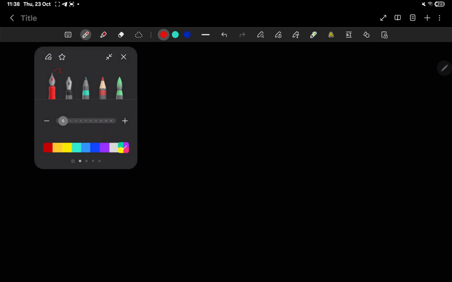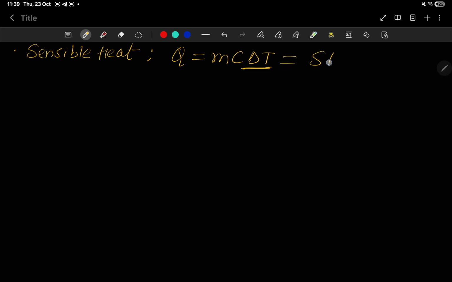So here we have some concepts, that is sensible heat. We know that Q equals mc delta T. The heat which is generated because of the difference in temperature is called sensible heating.